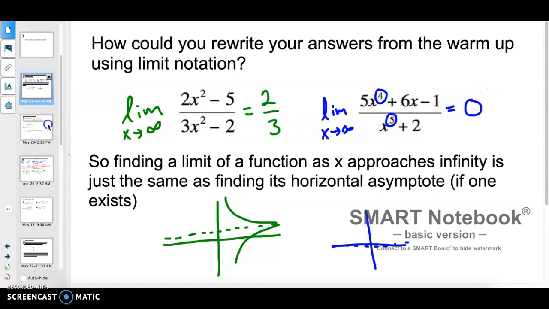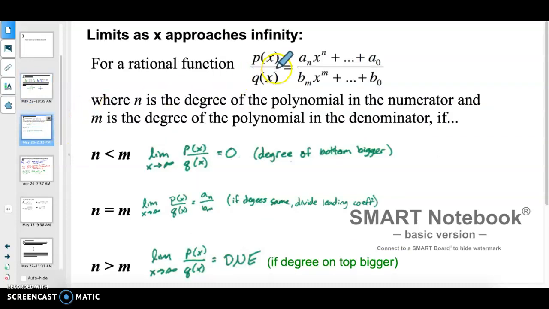So formally, a way you could say that is if you have some rational expression, p(x) over q(x), and the rational function looks something like this, where n is the degree of the polynomial in the numerator and m is the degree of the polynomial in the denominator. So this is the n, this is the m. If n is less than m, then your limit's going to go to 0.